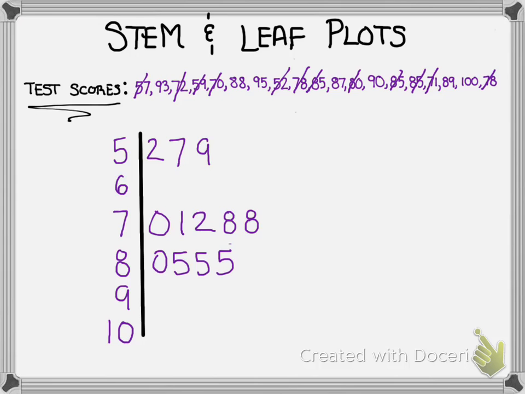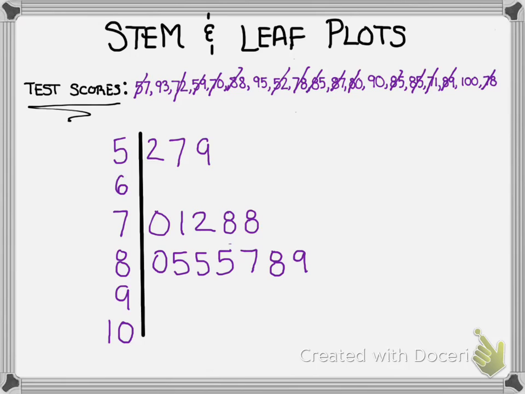Notice that as I'm doing this, I try to generally line up my leaves with any other row so that you can kind of see which row has the most numbers by how far it goes across. If you scrunch your numbers too much in one row, then you won't really be able to see that as well. Then looking across, I still have this 87 over here, so I put my 7. I have an 88, so I put an 8, and I have an 89, so I put a 9.